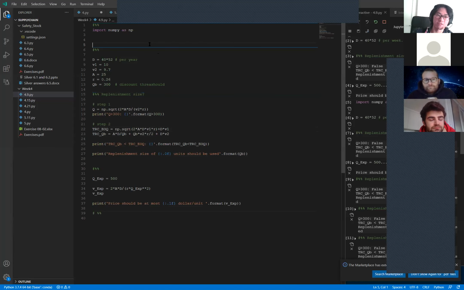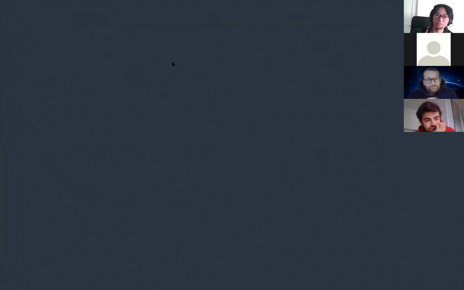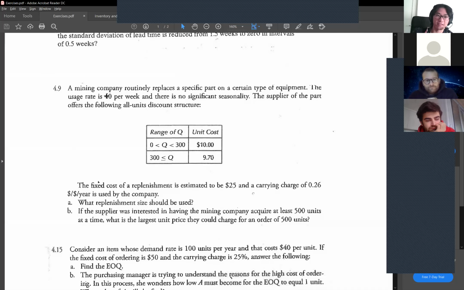So as always, I was using Python, and you import NumPy. The demand here is a little bit tricky. There are two ways you can deal with it. First of all, as you can see, the demand here is 40 per week, and our carrying cost is 0.26 per dollar per year.